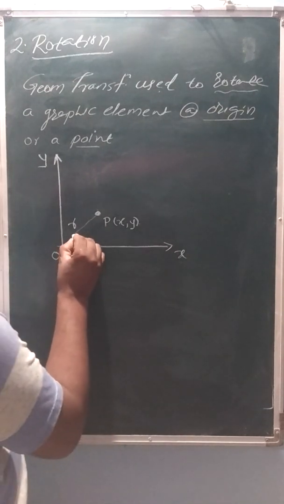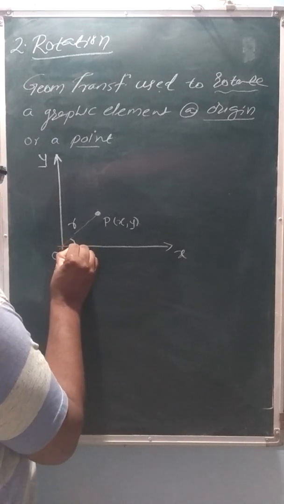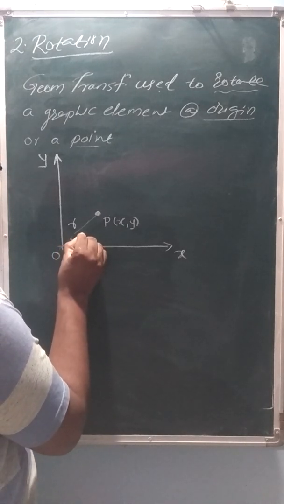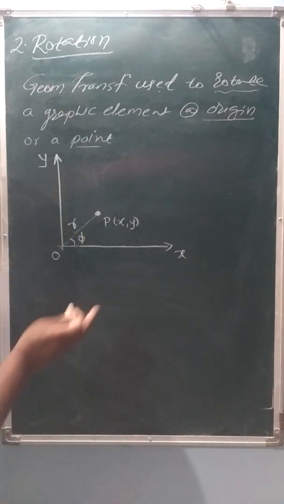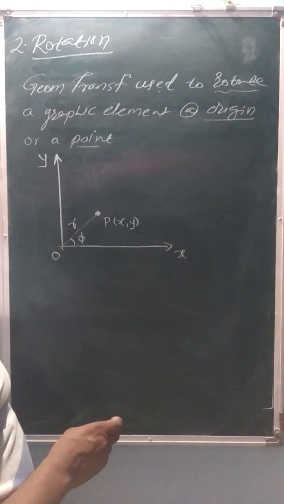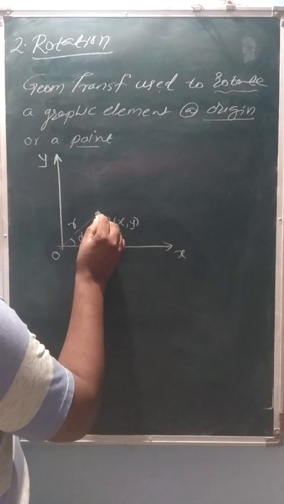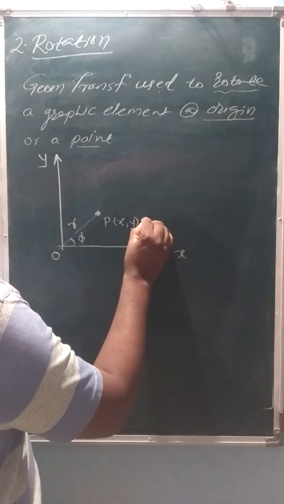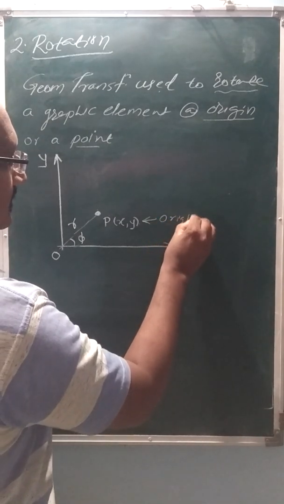Suppose this point is oriented at an angle phi with respect to the x-axis. Okay. This point, we will call it the original point.